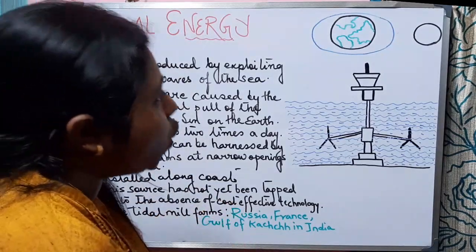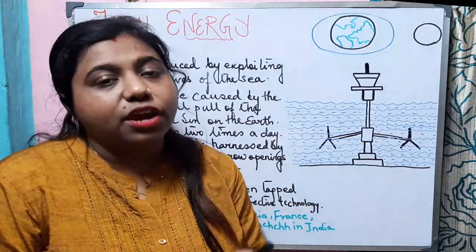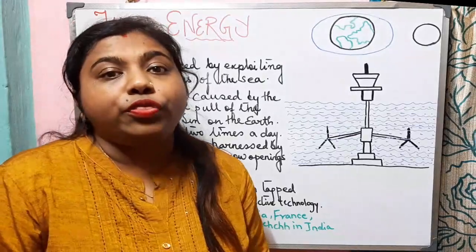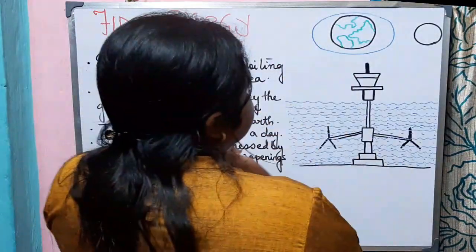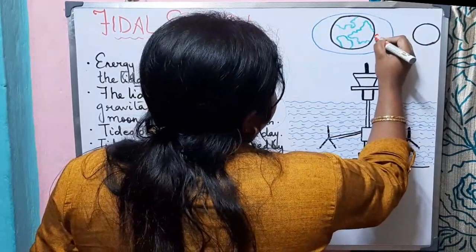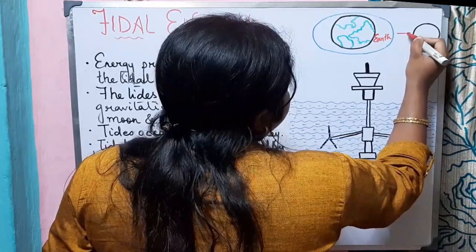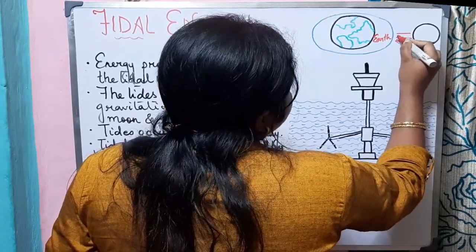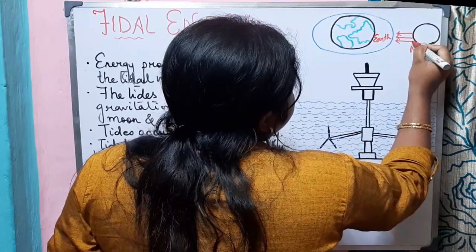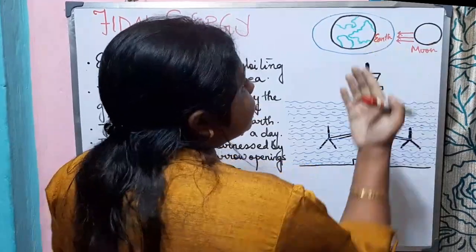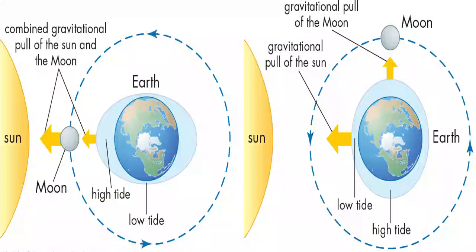Now, how are the tides caused? The tides are caused by the gravitational pull or the attraction of the sun and moon on the earth. Here we have a diagram of earth and this is the moon. As the moon is much closer to earth than the sun, the attraction of the moon is much stronger than the sun, and that is why a bulge is produced, and this bulge is high tide.